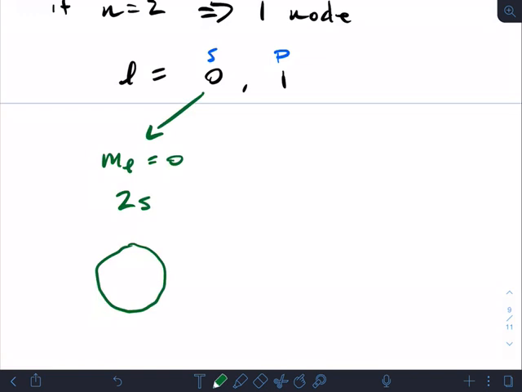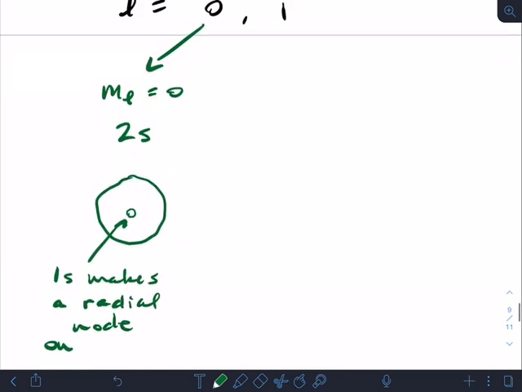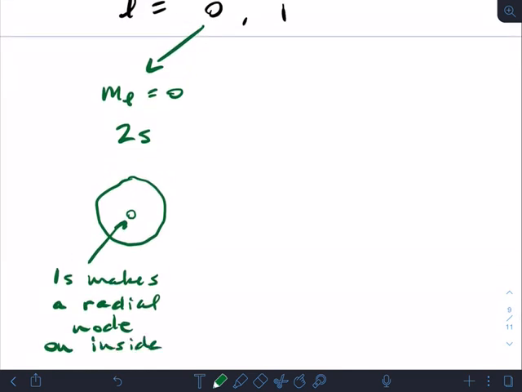So it's still a sphere, so I've got my sphere, but I also still have the 1s in there, okay? The 1s makes a node. We call this a radial node, on the inside. Okay.